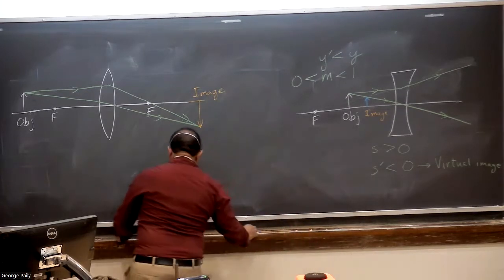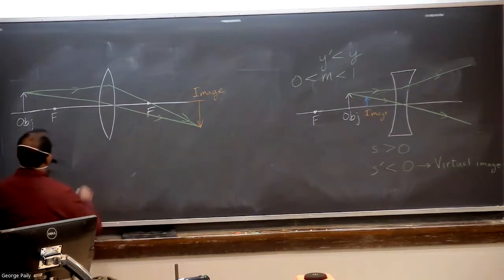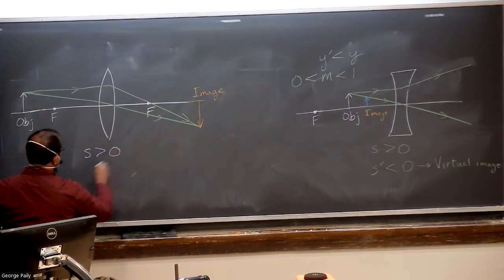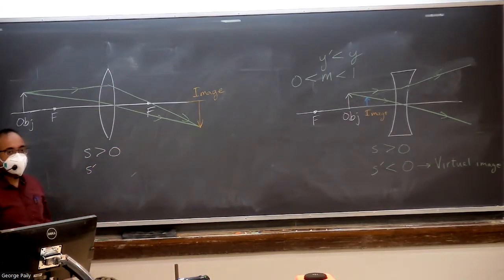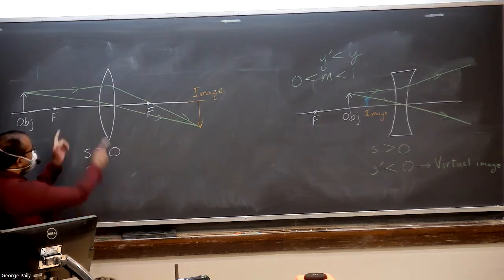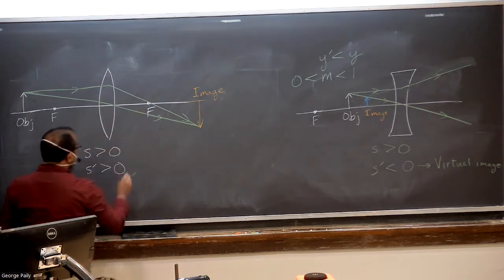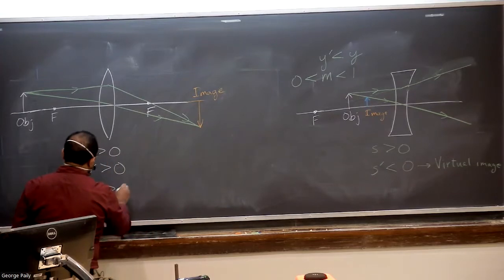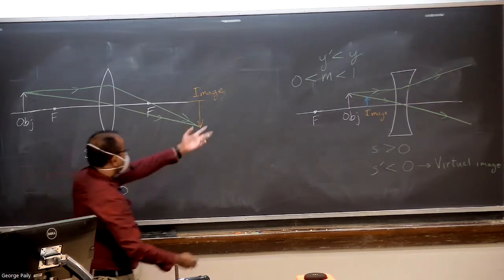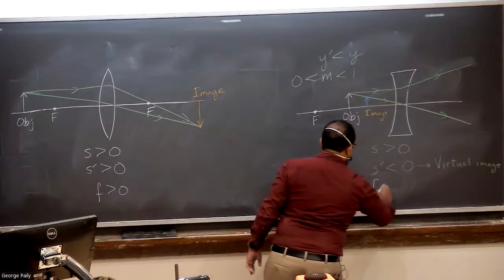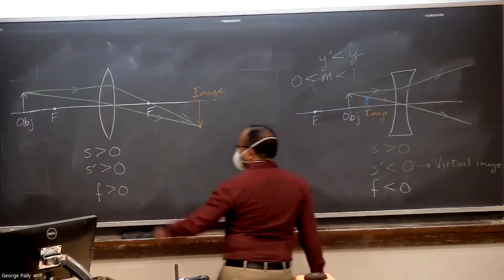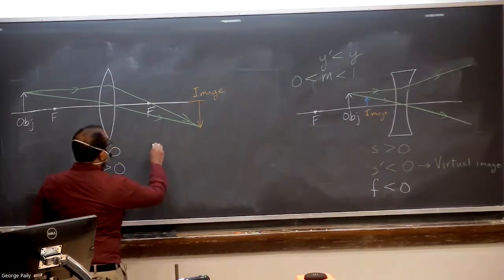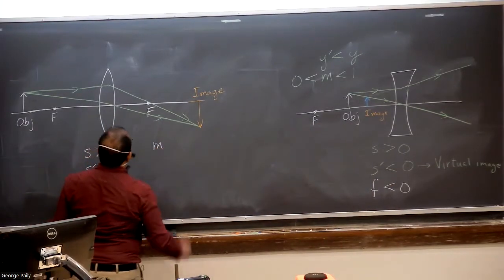Right. So what can we say about the various quantities? S is positive. S prime is positive. Yes, it's on the same side as the outgoing rays. And well, F is positive because I told you it's a converging lens. In the previous example, F was negative. We can see the magnification.